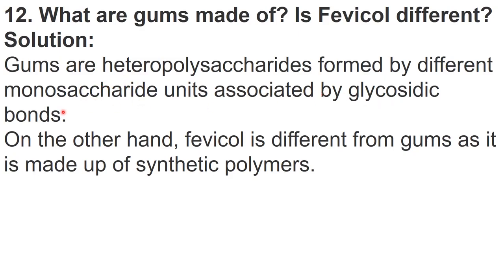As you know, a polysaccharide is formed by glycosidic bonds between monosaccharide units. So gums are heteropolysaccharides. On the other hand, Fevicol is different from gums as it is made up of synthetic polymers. It is not a natural heteropolysaccharide, it is made up of synthetic polymers, so it is different from gums.